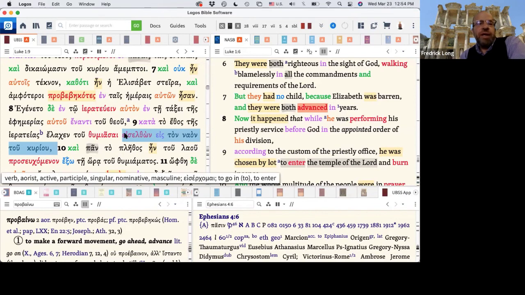So my point here is that eiselthon is a masculine nominative participle from eiserchomai. It is postposition to its verb. So it follows its nuclear verb. Nuclear means the main verb of its clause.